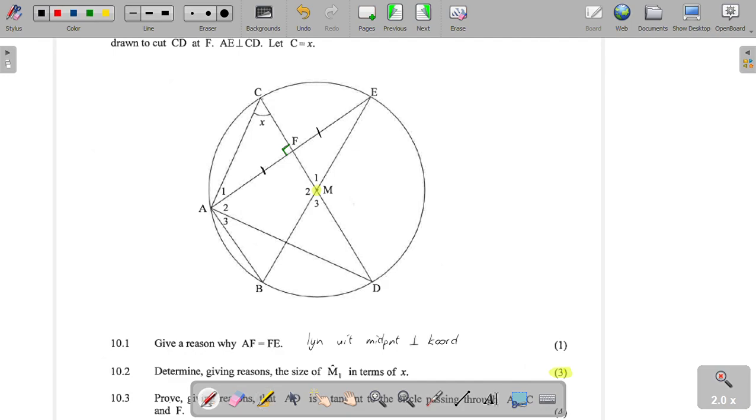Okay, so let's start with the angle that we need. We need this one. So what you can see from that is this one will be the angle at the center if that one is the angle at the chord, and that should help you.